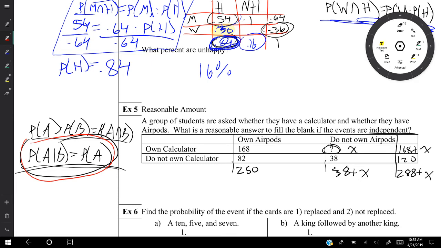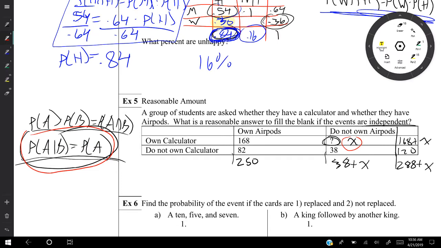So probability of A given B should be equal to the probability of A. Well, what is A and what is B here? It's got to involve X. We have to make it involve X somehow. I guess it doesn't really matter. I'm pretty sure it doesn't matter.